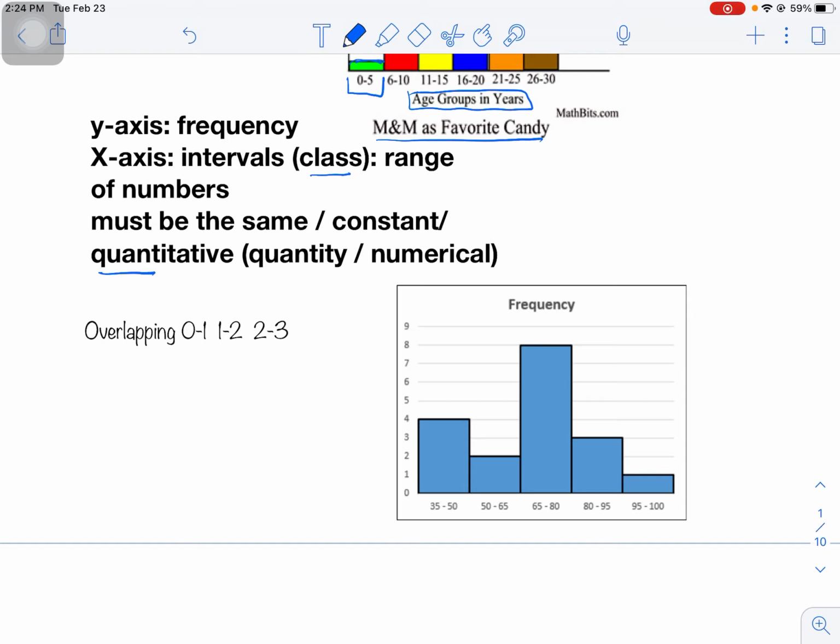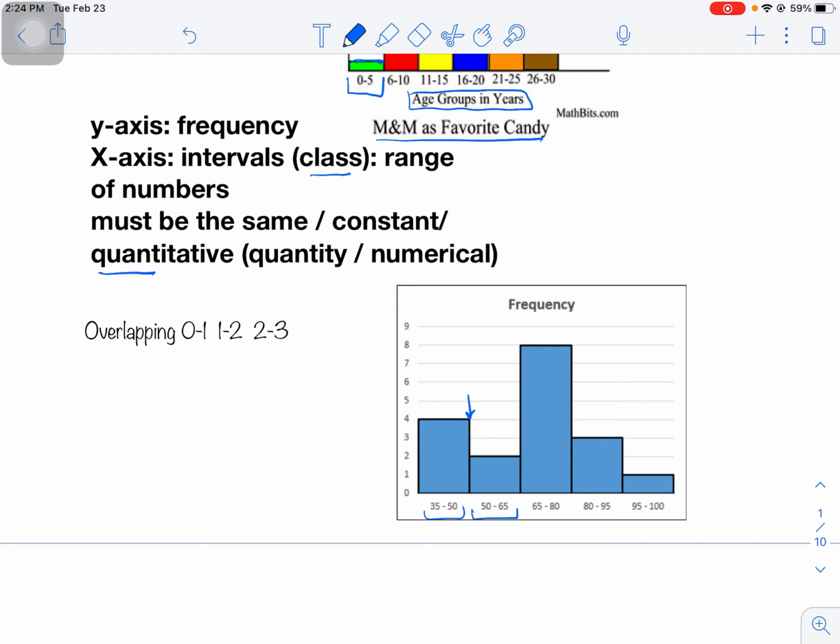So it'll be like 0 to 1, 1 to 2, 2 to 3. For example, this one here, 35 to 50, 50 to 65, and so forth. These are not the best way to do a histogram because it's unclear if this data is being counted twice in the 50 range, or if it was 49.9, it should go up to 50 and then start at 51. So you have to kind of be clear about what you're doing there.